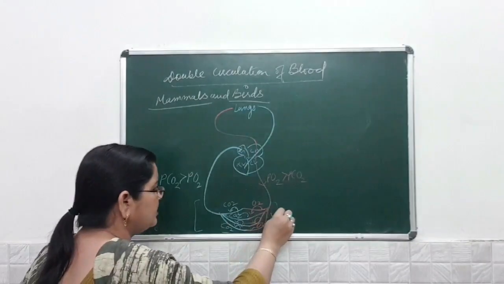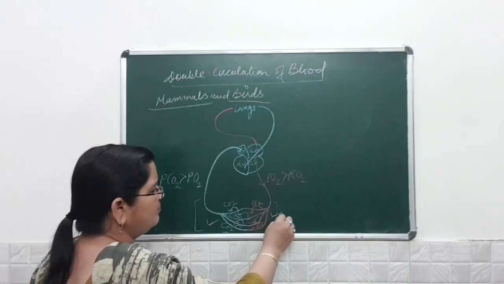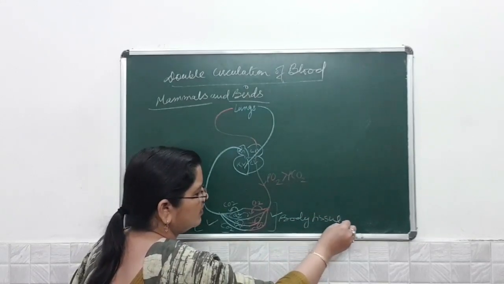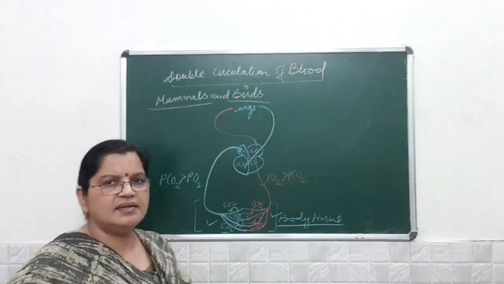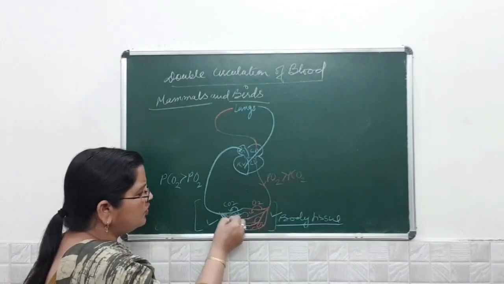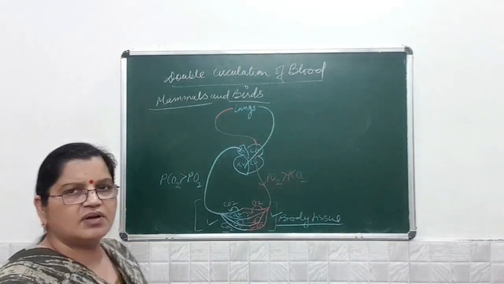So, exchange of gases takes place in body tissues. Oxygen moves inside the tissue and CO2 is removed by the process of diffusion.